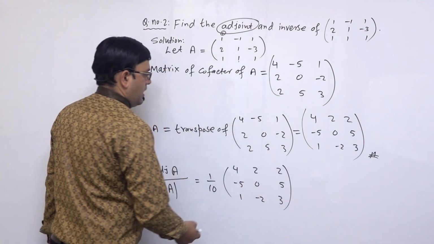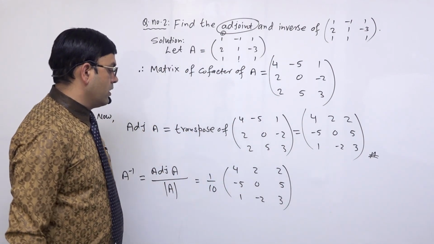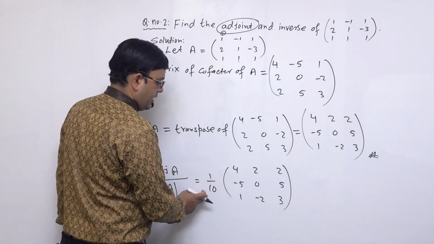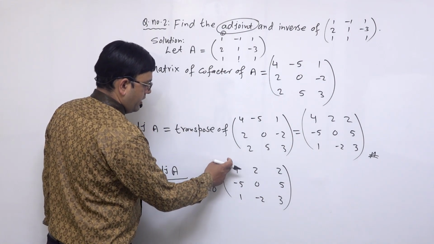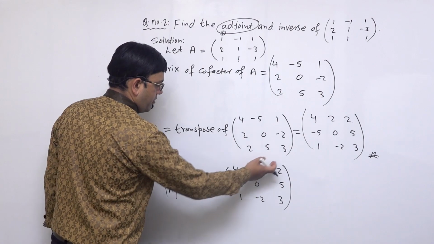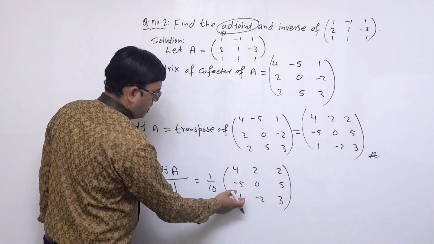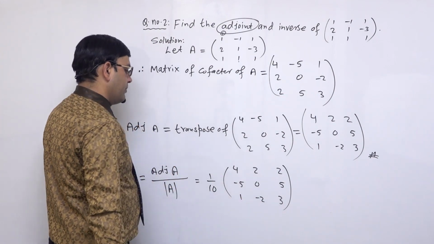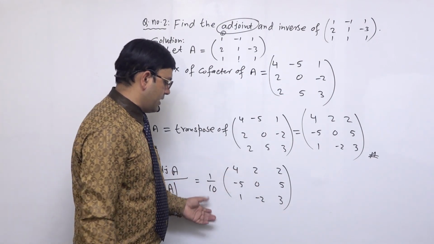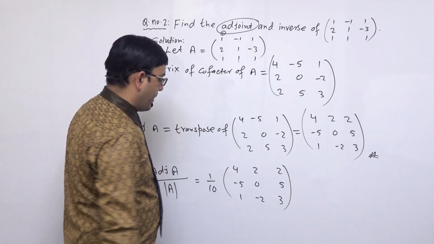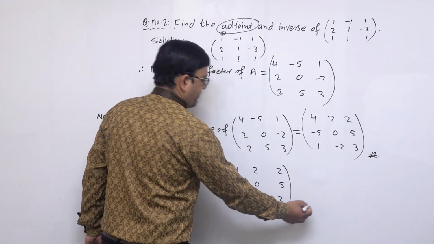This is the answer of our question. We can also open the 1 by 10, and then it will be 2 by 5, 1 by 5, 1 by 5, minus 1 by 2, 1 by 2, and here 1 by 10. So we can expand the 1 by 10, or we can keep this same answer.